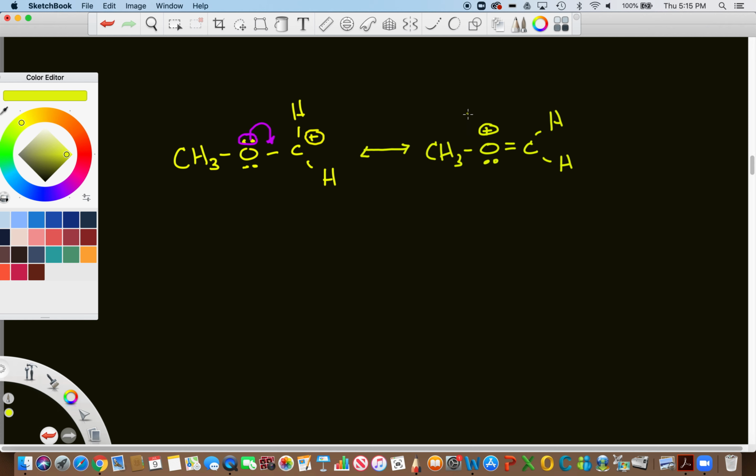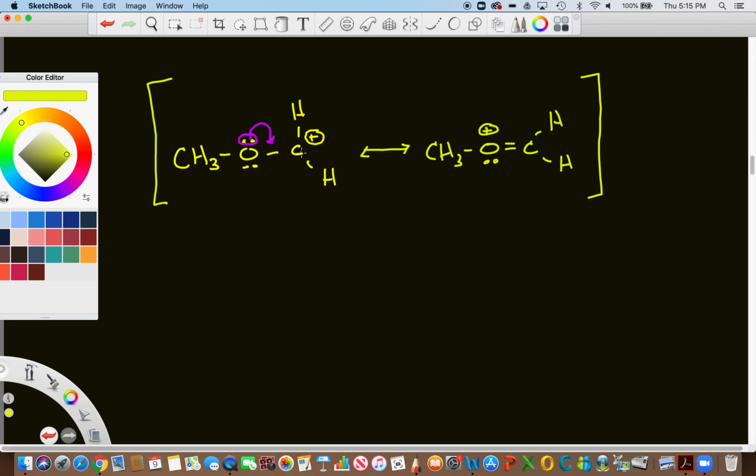So let's evaluate and see which one of these two is going to be the major contributor. What we do is just start counting electrons. We didn't mess with this carbon. This oxygen has 8 electrons around it. Double or single bond is 2, another single bond is 4, 6, 8.